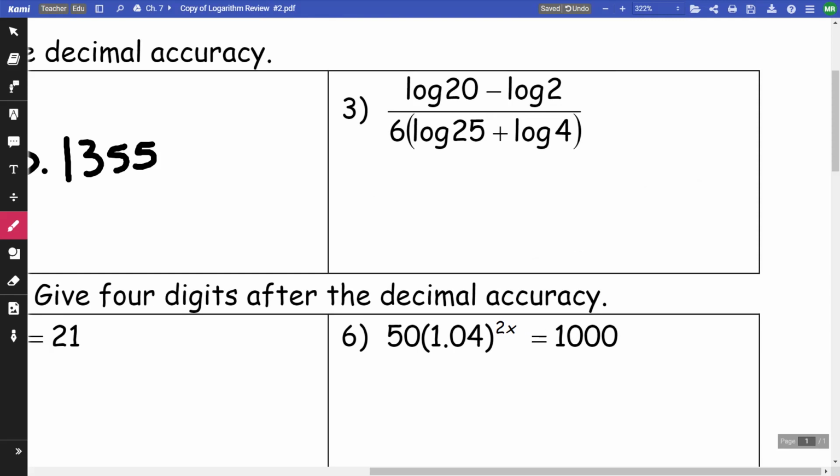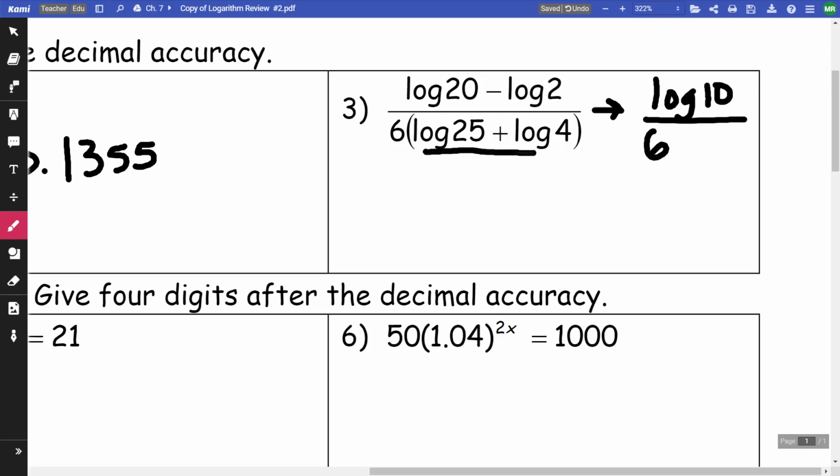Now on this one, I can type it in as I see it, and I'll do that in a second, or I can really clean this up. The top is really log of 10. Why? Because I am subtracting logs, so that means I'm really taking 20 divided by 2 and getting 10 over 6.